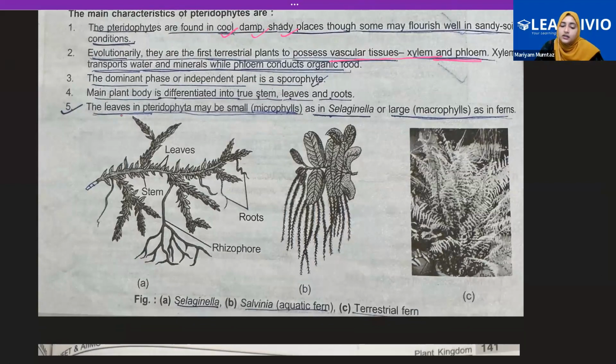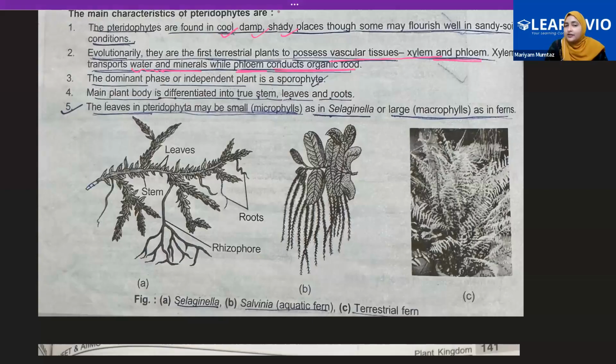Up until now, we saw algae and bryophytes. They had no xylem and phloem, no conducting tissues, but the pteridophytes do. The xylem is responsible for the transportation of water and minerals, whereas the phloem is responsible for the conduction of food throughout the plant body.